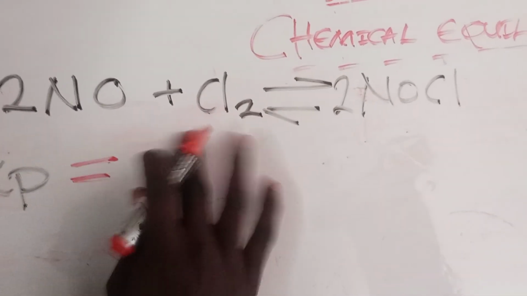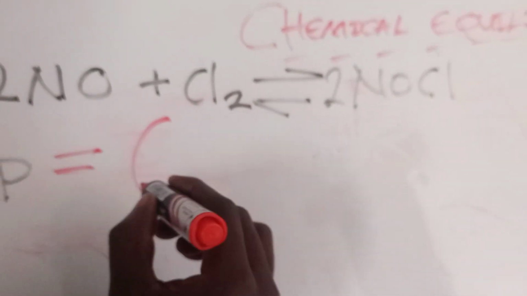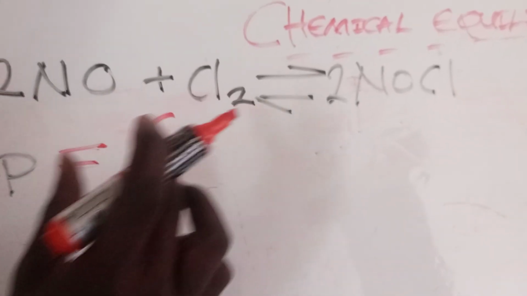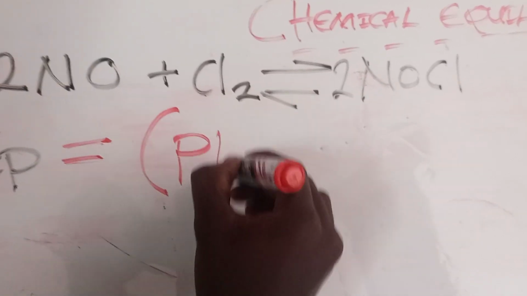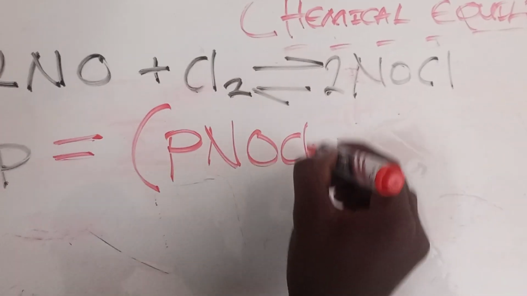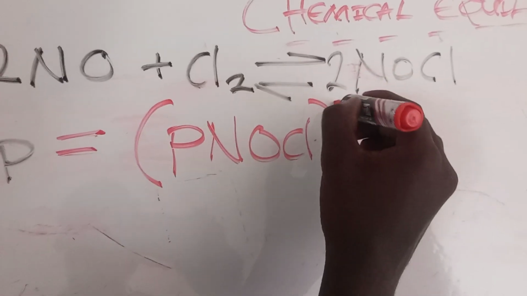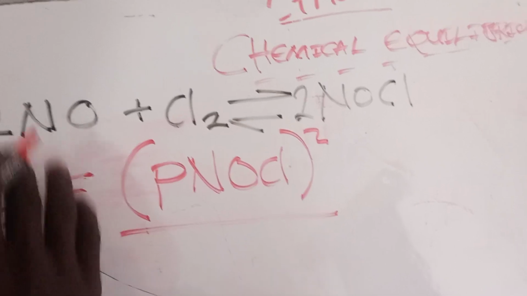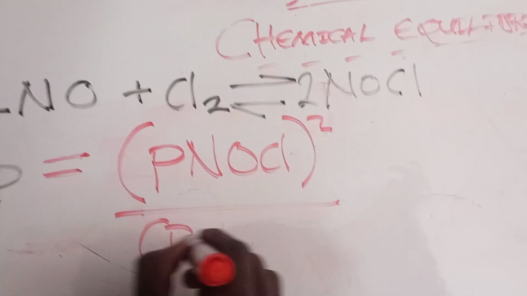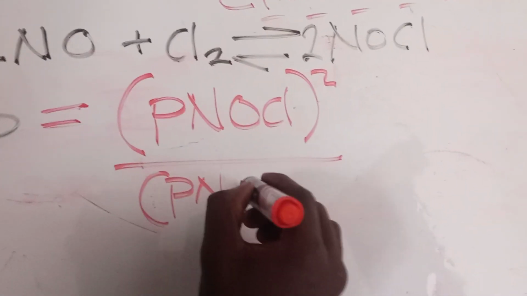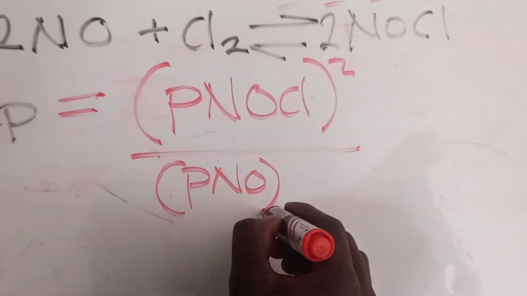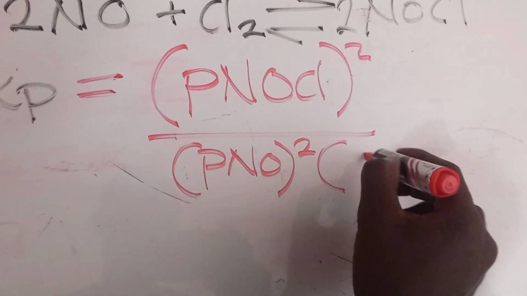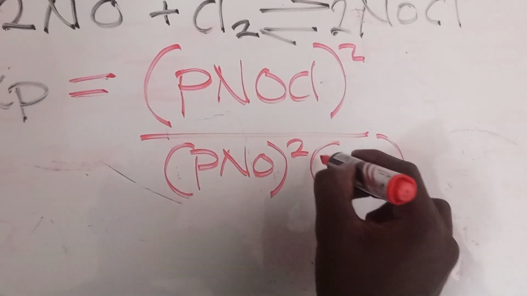That means we're going to use parentheses instead. So we open up parentheses, then we put a P here. That shows it's pressure. Pressure of what? Pressure of nitrogen monoxide chloride. We close. What's the coefficient there? It is 2, powered by 2. Same applies down here: we open up parentheses, then P of nitrogen monoxide, close, being powered by 2 as a coefficient, and chloride there, we don't have any coefficient.